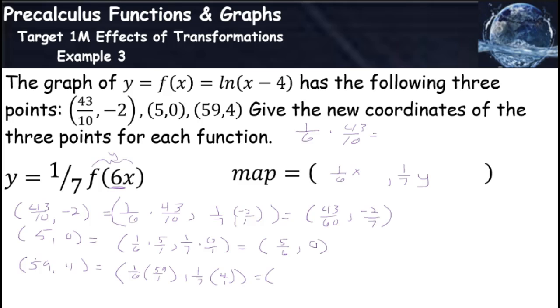So here 1 times 59 is 59, and 6 times 1 is 6, and 59 and 6 have no common factors. And then here I get 4/7. So 59/6 and 4/7. So those are my answers.